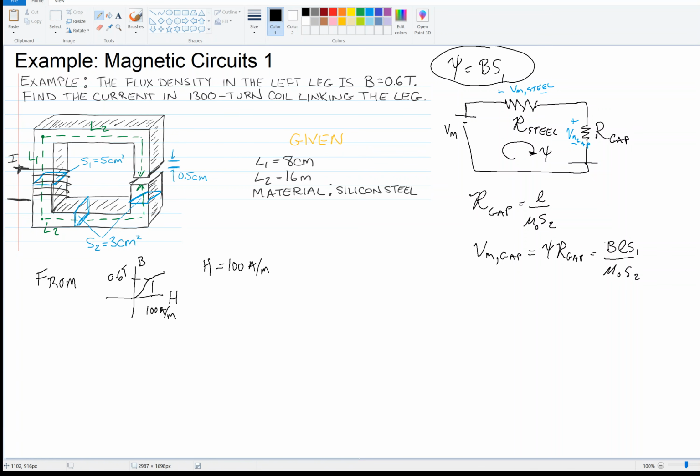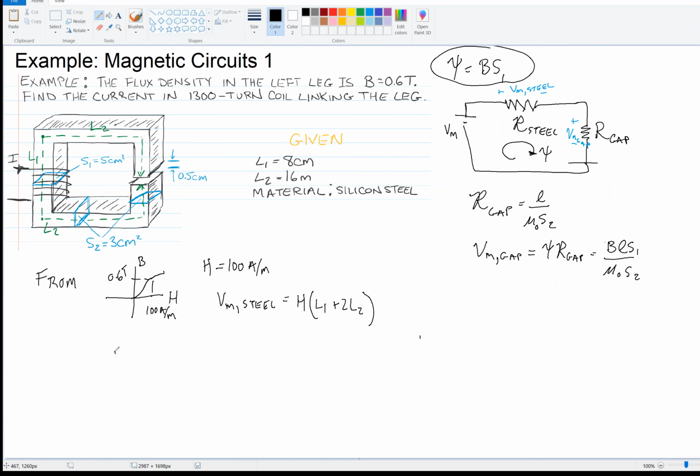Now we can get the magnetic potential of the steel. H is always parallel to L, so what's the length around the steel? It's L1 plus 2L2, because there's L2 this way and L2 this way. Times H, that gives us the magnetic potential of the steel.